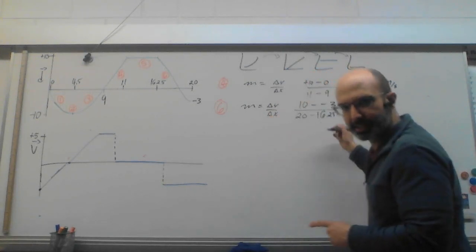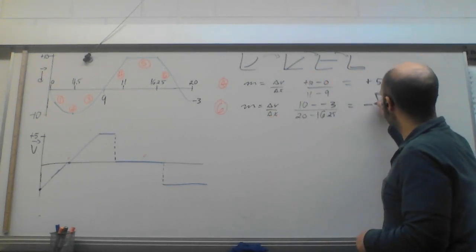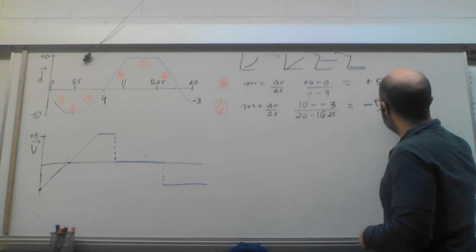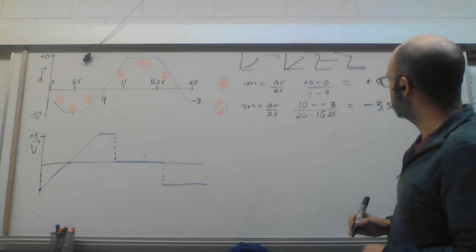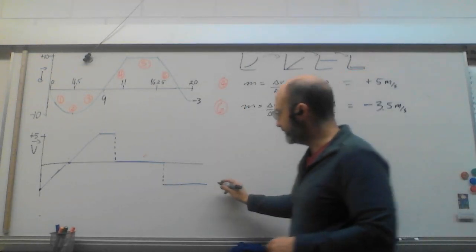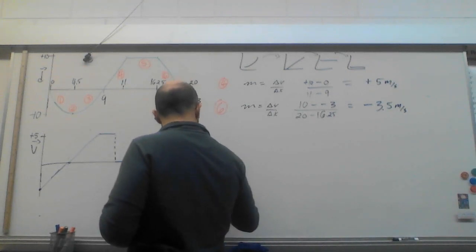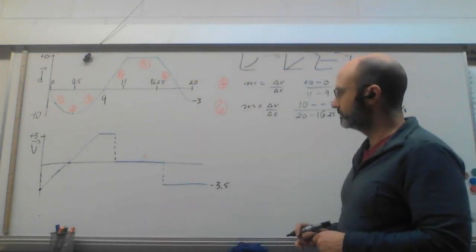Okay, so we set that up, and then we do our calculation, and when we work all that out, we're going to find ourselves with negative 3.5 meters per second. All right, well, that's great. So that tells us now that number 6 down here is going to be negative 3.5, give or take.